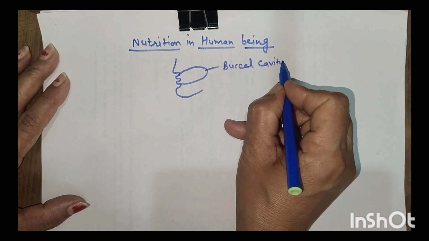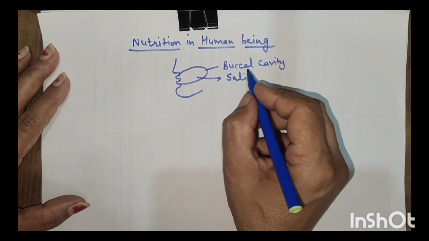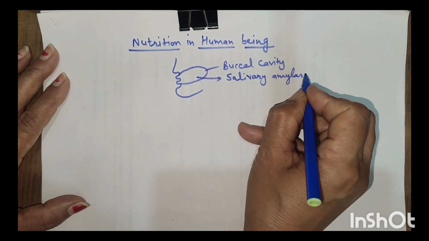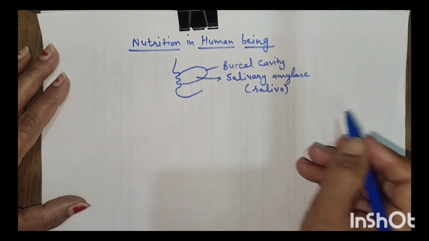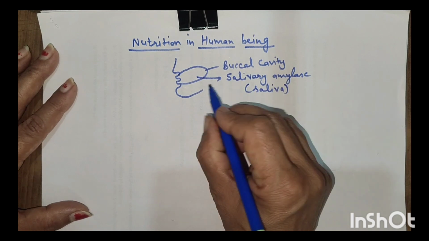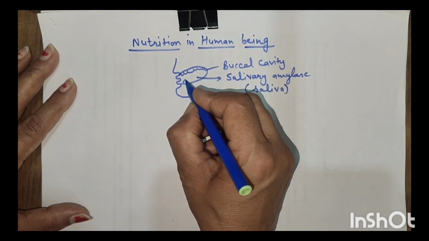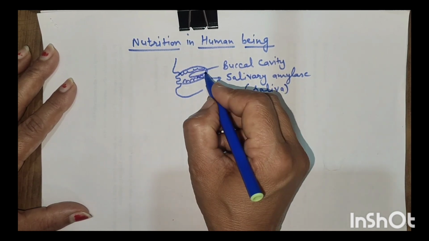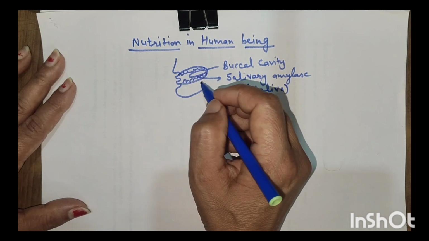In the buccal cavity there are salivary glands that release saliva. Saliva is a watery substance, and it helps to kill germs and mixes with the food to make the food bolus. Here are the teeth, which help in cutting and grinding of the food, and the muscular tongue, which circulates the food.